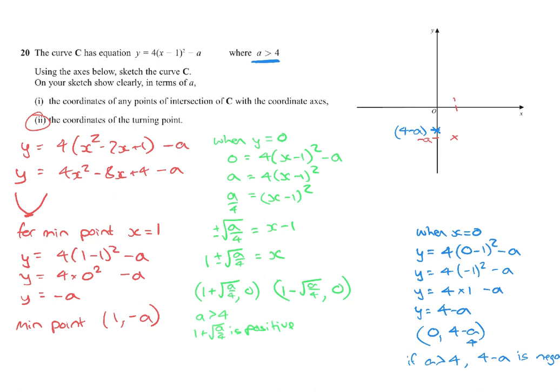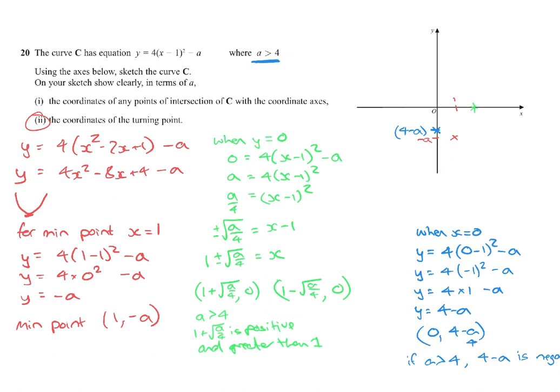So that's going to go on the right hand side. It's not only positive, it's going to be greater than 1, isn't it? And greater than 1. So I'm going to have a point, maybe I'm going to put it, say there.